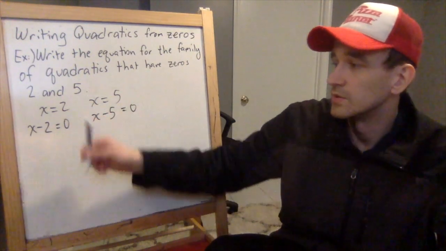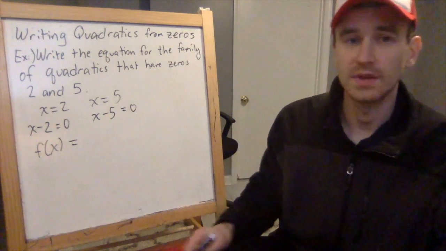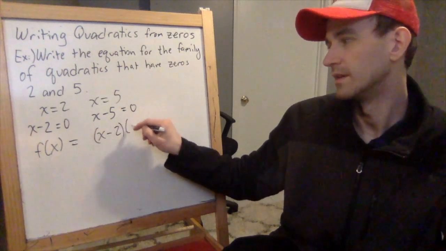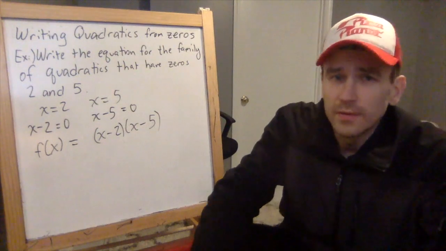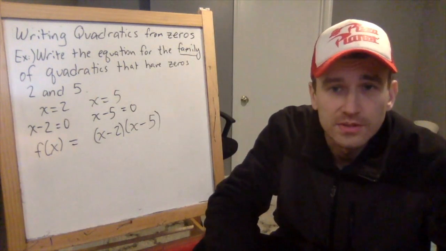So if we have zeros 2 and 5, we can write that our function is equal to x minus 2 times x minus 5.